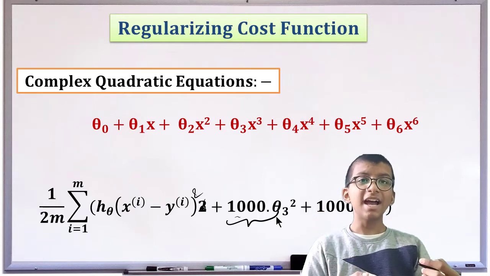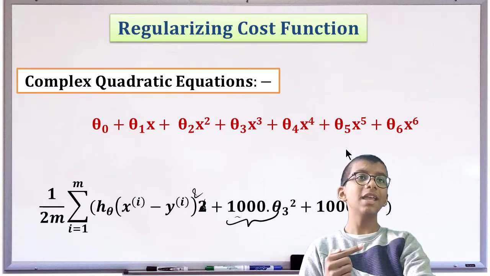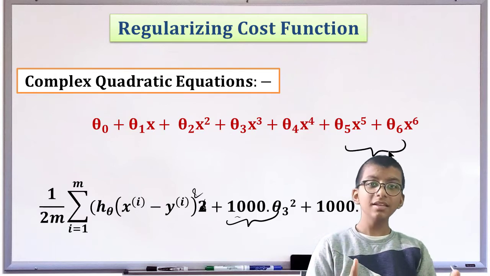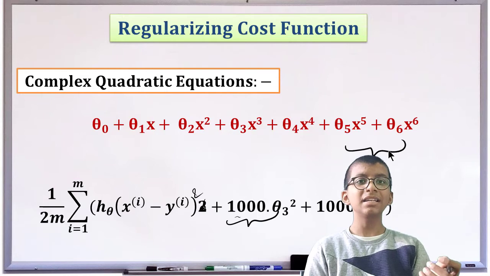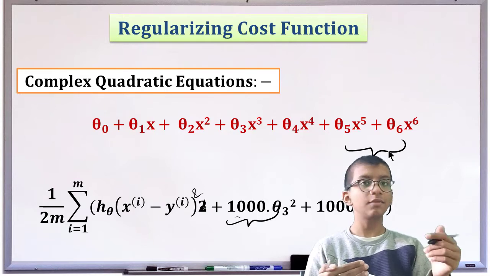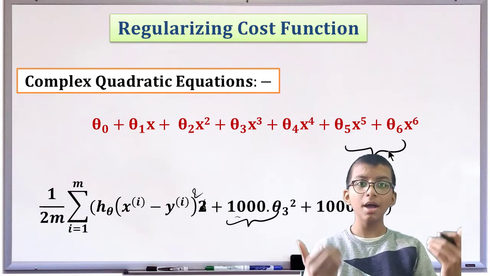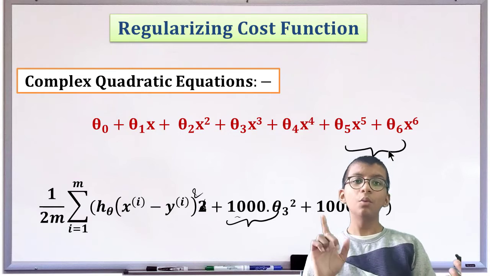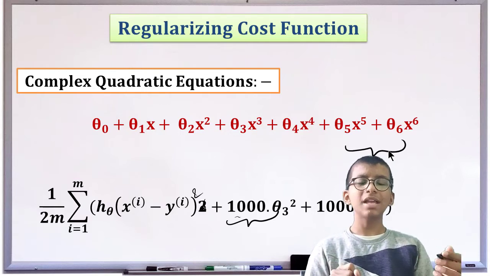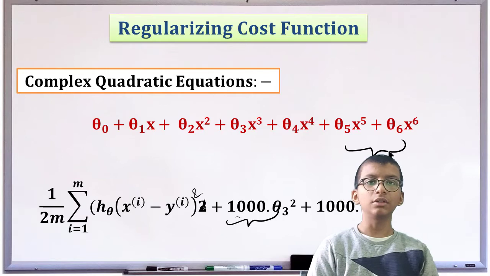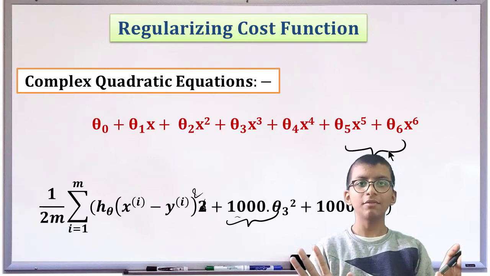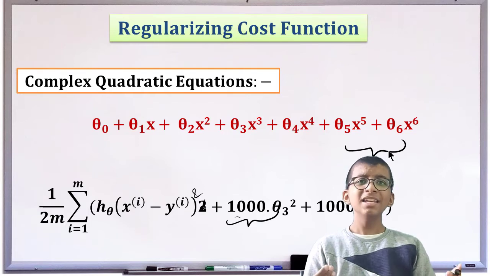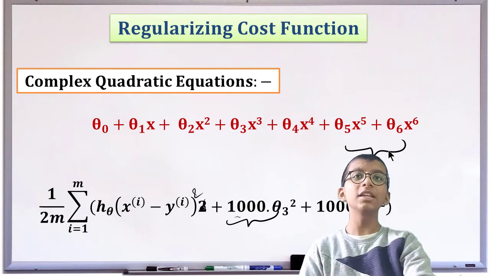What I'm saying is that we either have to eliminate these features or reduce them to 0. It's not necessary that they are unimportant for our model, so we can't eliminate them. The only thing left is to reduce them to approximately 0. So we can simply multiply by 1000 and square it. Just think of it like that.